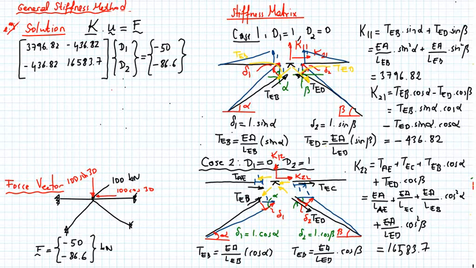So these are the two equilibrium equations that we need, and when you solve it, we obtain D1 as equal to minus 1.4 times 10 to the power minus 2 meter, and D2 as equal to minus 5.586 times 10 to the power minus 3 meters.